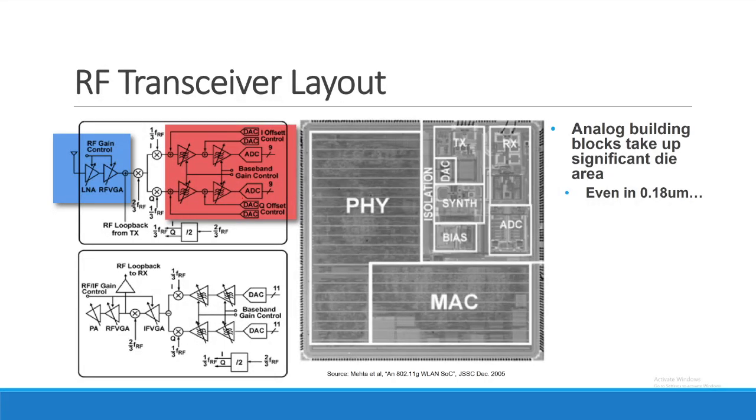The other thing that's interesting to look at here is this die photo of a wireless LAN transceiver. By the way, this was back in 0.18 micron technology, meaning relatively old technology. Even here, a large chunk of the die is just taken up by RF and analog stuff. So if you didn't believe me before that RF and analog from a cost standpoint is often fairly critical, just take a look at this picture.